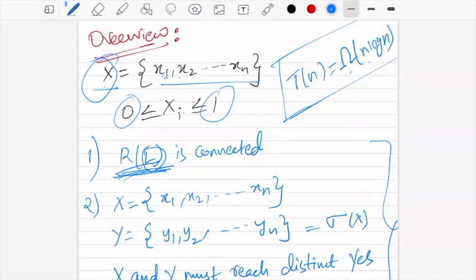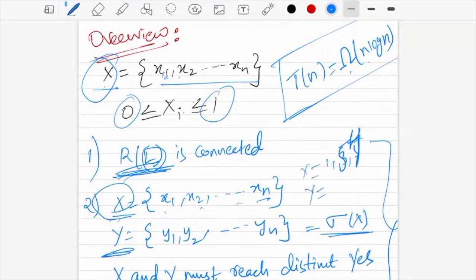Coming to the second subclaim, I'm going to take two instances. One is the X instance, which has coordinates x1, x2, through xn, and the Y instance, which is a permutation of the X instance. For example, if I take 1, 3, 5, the permutation of this X array will be a different combination of my X instance.